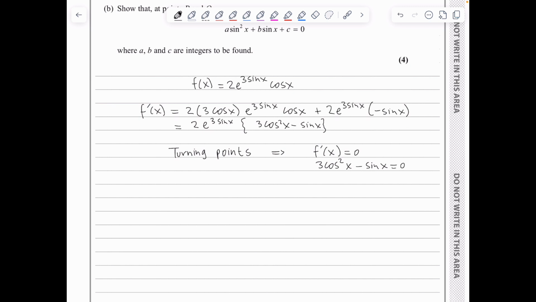I will substitute cos squared with 1 minus sine squared x, minus sine x is equal to 0. I will expand this to get 3 minus 3 sine squared x minus sine x is equal to 0. And I will be collecting everything on the right hand side to make the leading term have a positive coefficient. So 0 is equal to 3 sine squared x plus sine x minus 3.